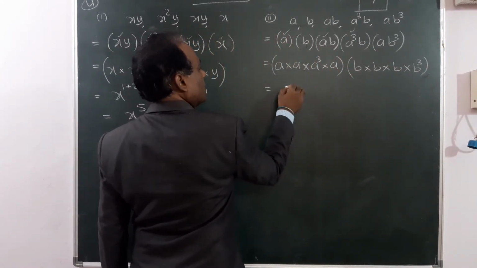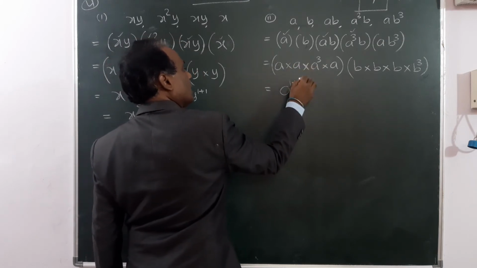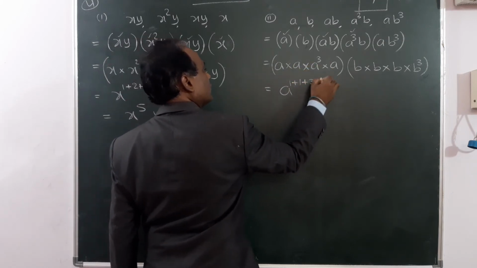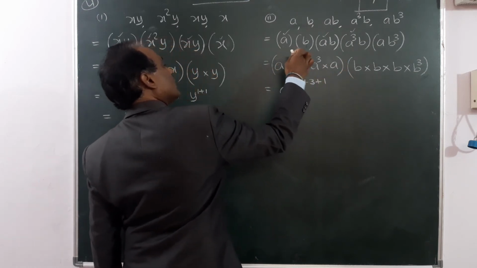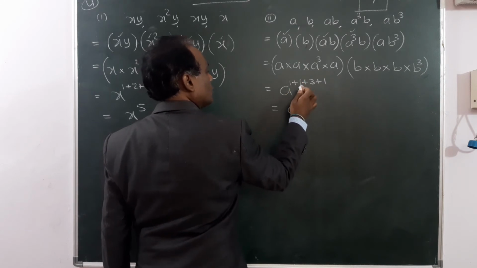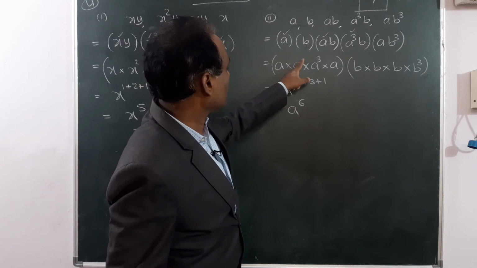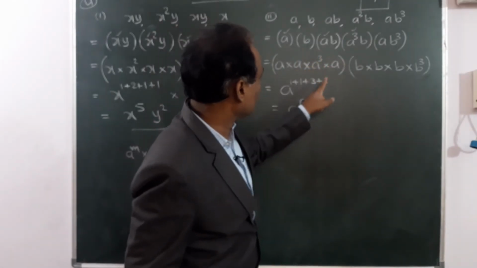Bases are same, in multiplication powers are added. What is the power here? 1 plus 1 plus 3 plus 1. So total A power 1 plus 1 is 2, plus 3 is 5, plus 1 total 6.